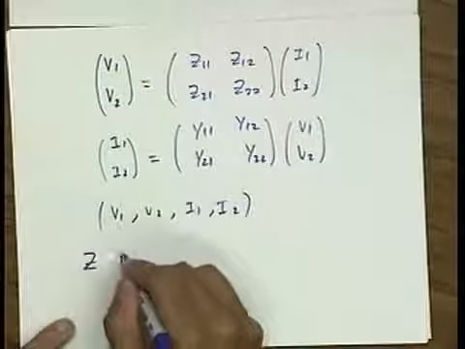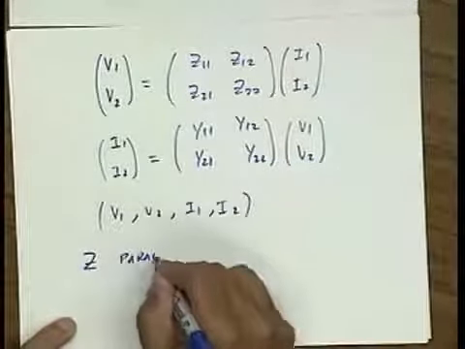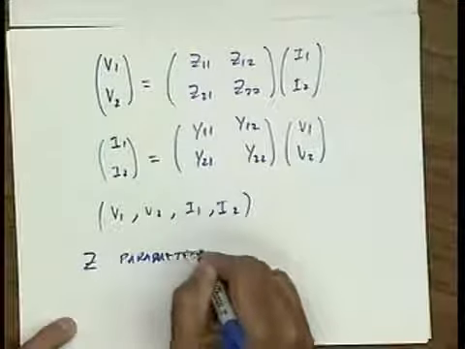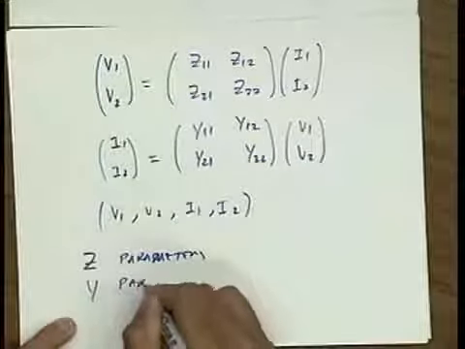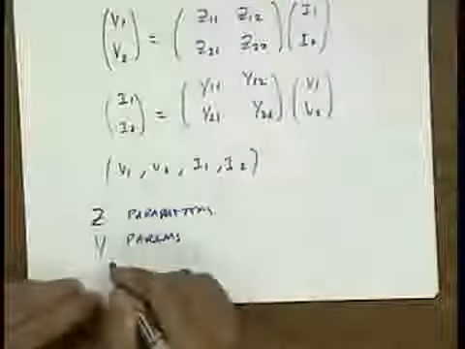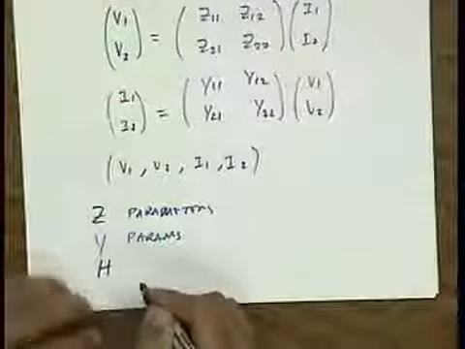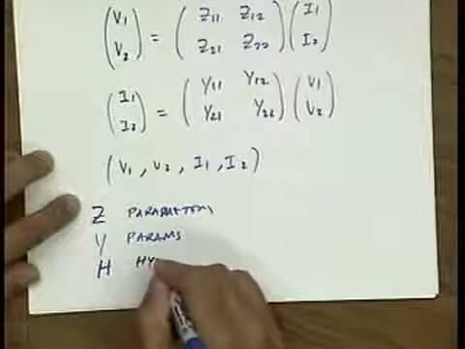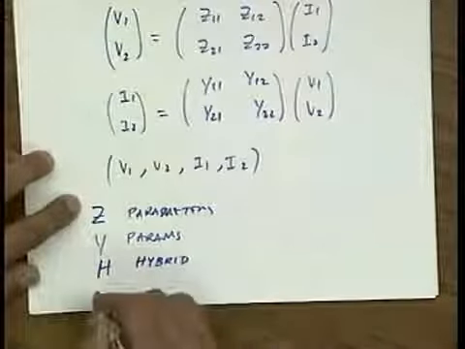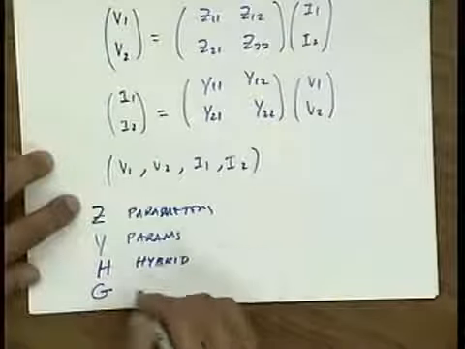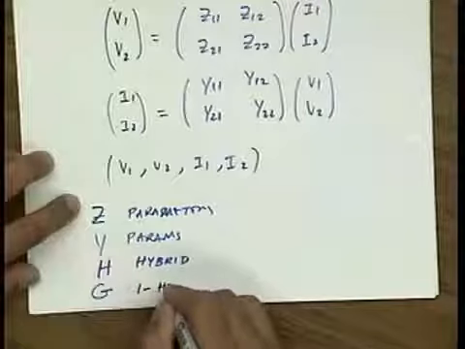So I have Z parameters, I have Y parameters, I also have H parameters, which are the hybrid parameters, and I have G parameters, which are the inverse hybrid parameters.